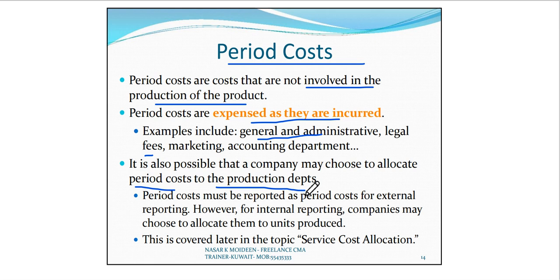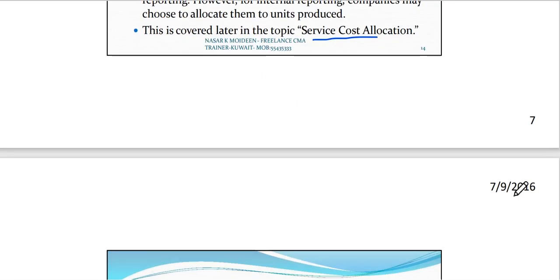But again, we will be discussing this in another slide called service cost allocation. There we will discuss this in detail. So there is a way you can allocate this period cost to the manufacturing cost for internal purposes only, that we will discuss in the coming slides.